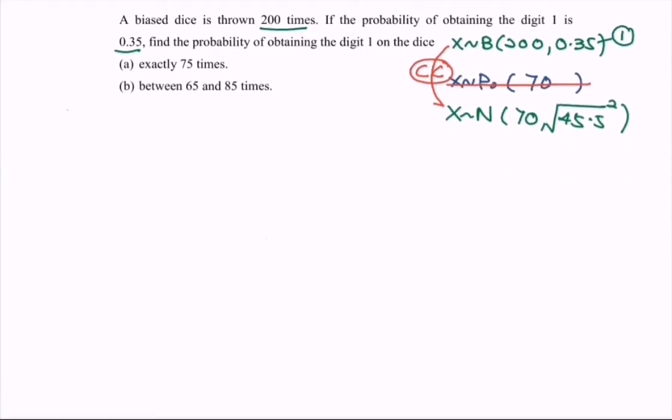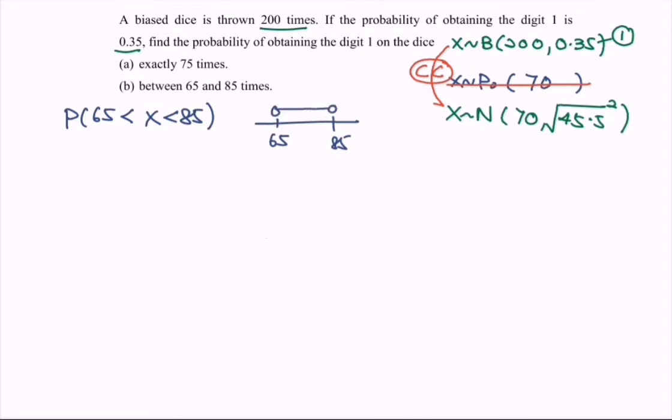Next, we have B. Find the probability that X is in between 65 and 85 times. So where we have 65, 85. Number 1, continuity correction. Refer to the number line where we have 65 and 85. Empty circle. Next, continuity correction.